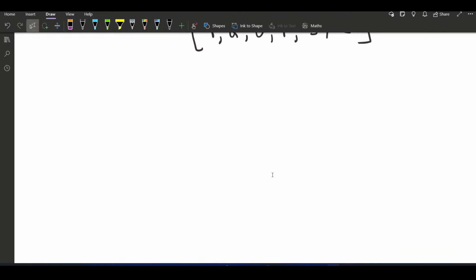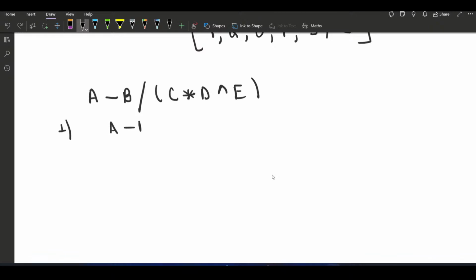Okay, so here we are given the infix order, that is A minus B, then here we are given C asterisk D slash E. So here the highest priority will be of the bracket, so firstly we'll be solving the bracket. So in the first step it will be A minus B, and then C, okay, then this, and then we'll be solving the bracket.